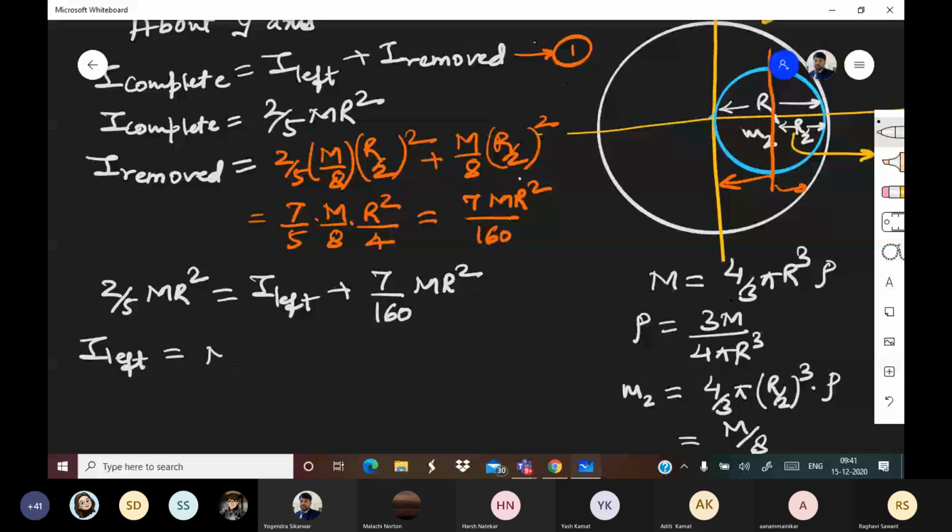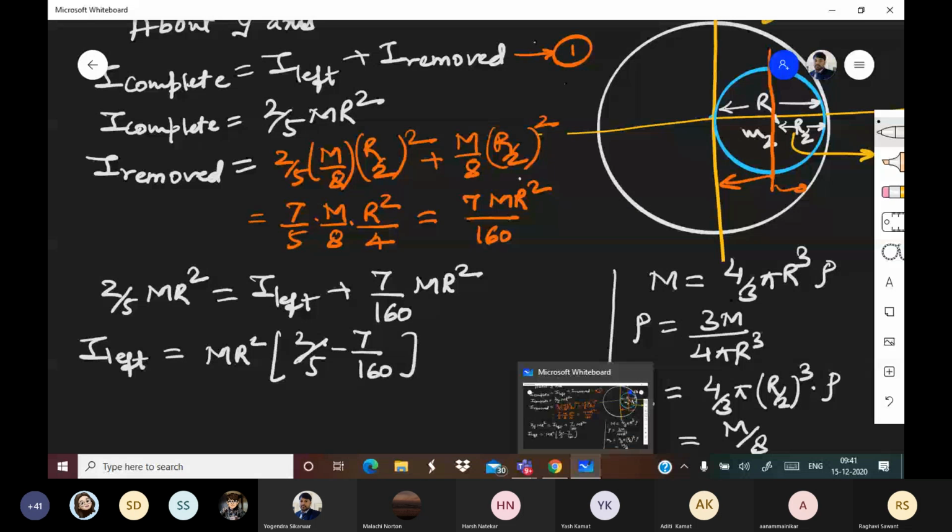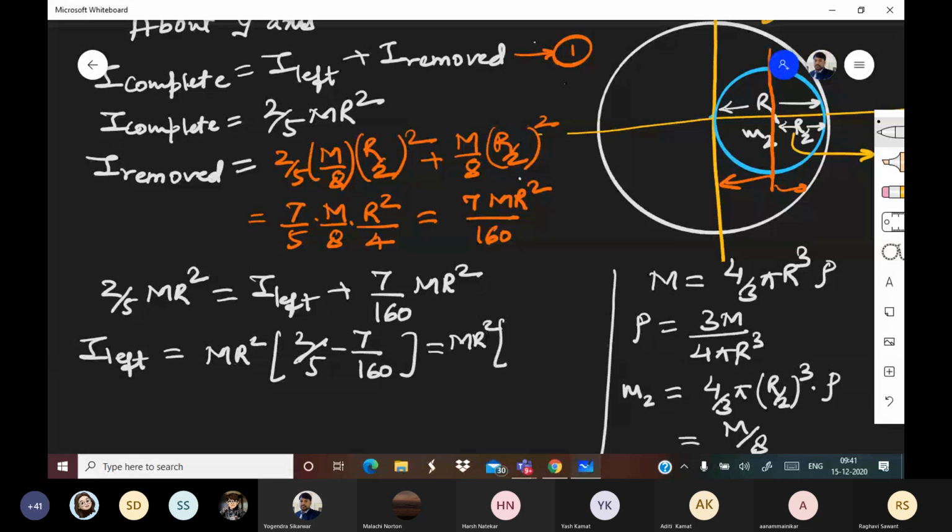I am taking mr square as common: 2 by 5 minus 7 by 160. mr square is anyway outside. 160 is taken as LCM.